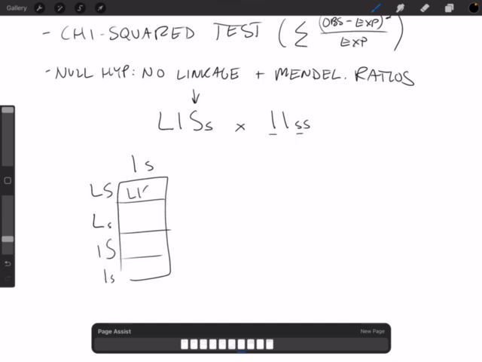You could expect the dominant L with the recessive S. You would expect the recessive L with the dominant S, and you would expect recessive of both alleles. And you would expect them in equal numbers according to this table. So you would expect 1/4 longfin fish with stripes.